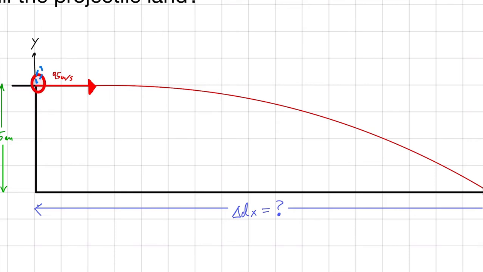So when it's fired, it has no y velocity, and then as it travels, the acceleration of gravity brings it down closer to the Earth, faster and faster. So it's going to start off dropping slowly and then faster and faster come to the ground until it hits the ground. And that point is over here, right?